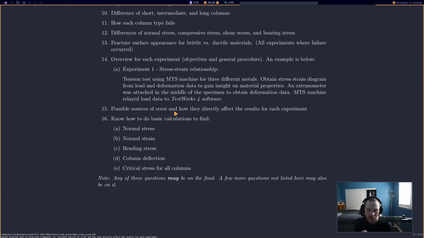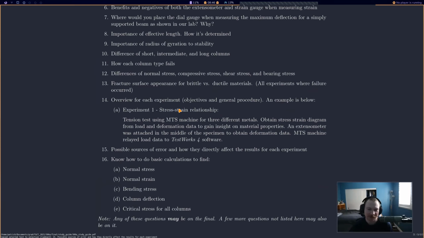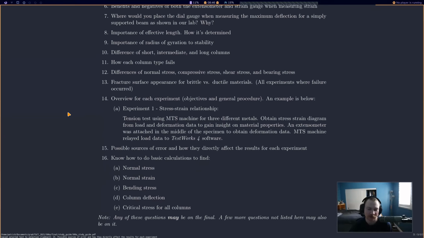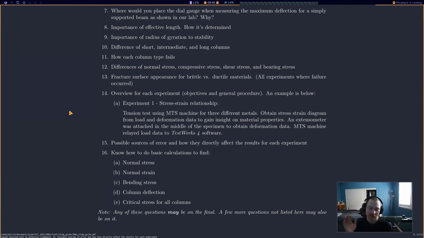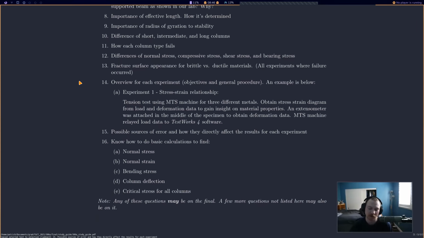Was the dial gauge, I guess this is almost an answer for one of our questions, we have the dial gauge. Theoretically, that should be in the very center of the beam, and that allows us to measure the maximum deflection there. So if that wasn't in the very center of the beam, that's a source of error, and it's going to affect our deflection readings because the maximum deflection is going to be in the very center of the beam.